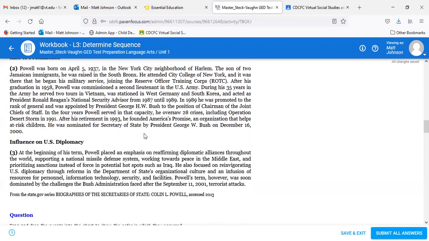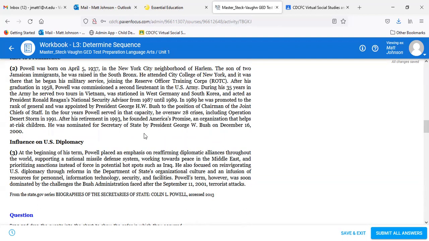And last paragraph here, influence on U.S. diplomacy. At the beginning of his term, Powell placed an emphasis on reaffirming diplomatic alliances throughout the world, supporting a national missile defense, working towards peace in the Middle East, and prioritizing sanctions instead of force in potential hotspots such as Iraq.